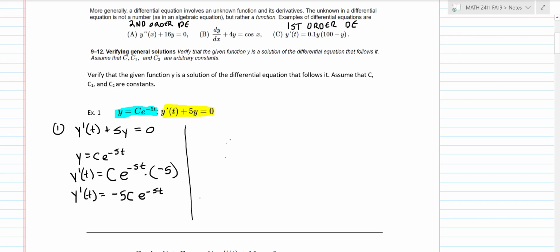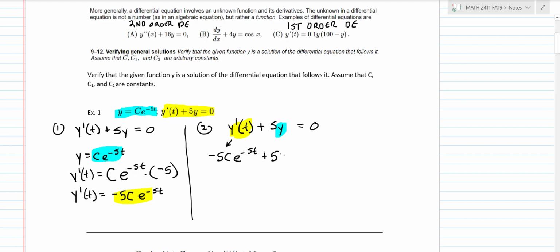Okay, so the second thing, now we're just going to plug everything in. All right, so y prime of t is going to be this thing. So we're going to plug that in like that. Okay, and then the second part of the equation, we have 5y. Okay, so y is what you're given. So it's this thing right here. And we'll see if that's equal to 0. Okay, so plug it in. Okay, y prime of t is negative 5c e to the negative 5t.